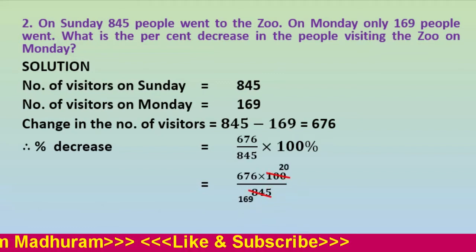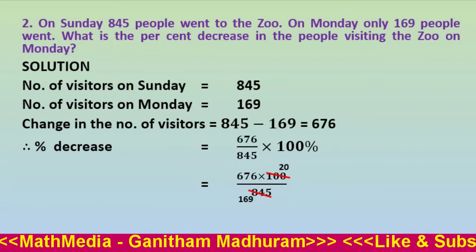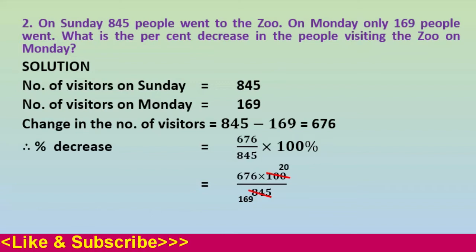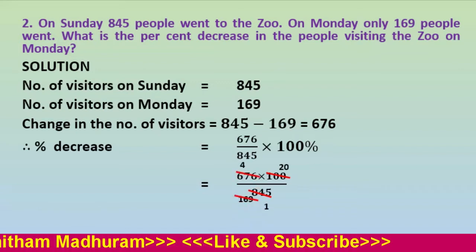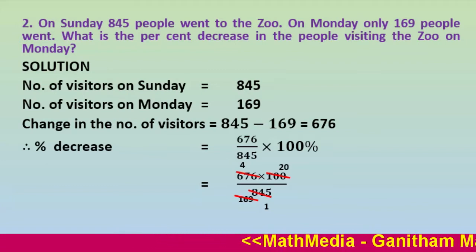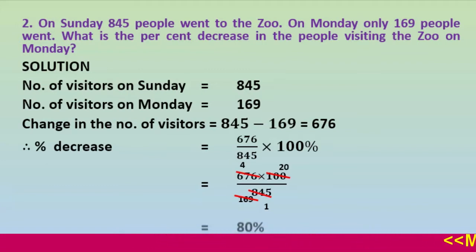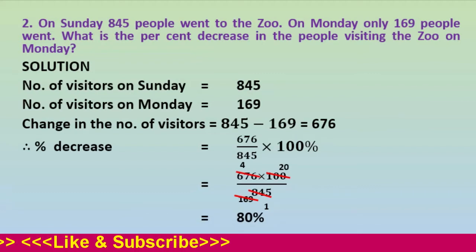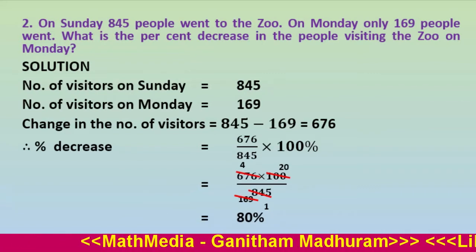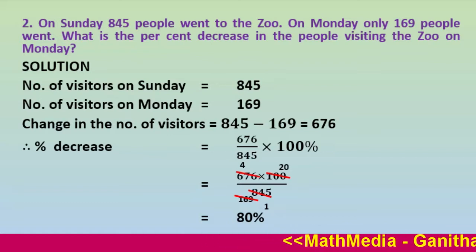While cancelling we get 100 cancelled, then we are getting 20 and 845 cancelled 5, so we get 169. Again you can cancel 169 with 676, it will give 4. So 4 into 20 equal to 80%. That means there is 80% decrease.